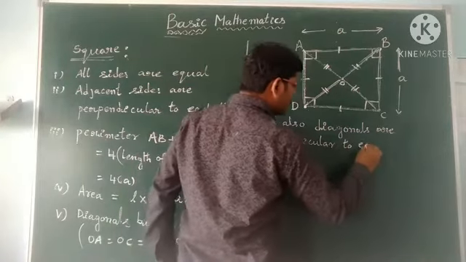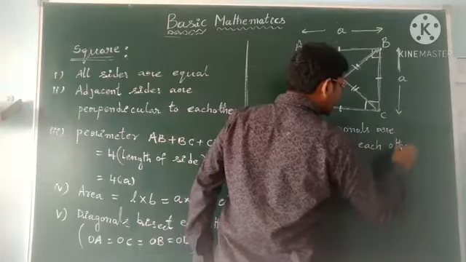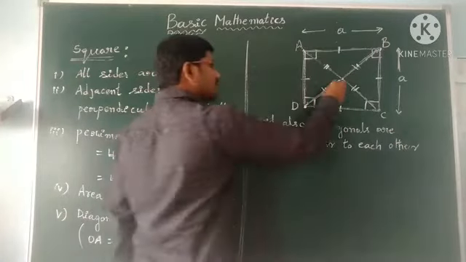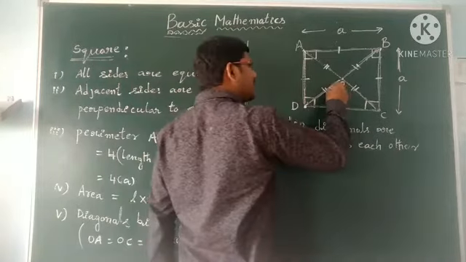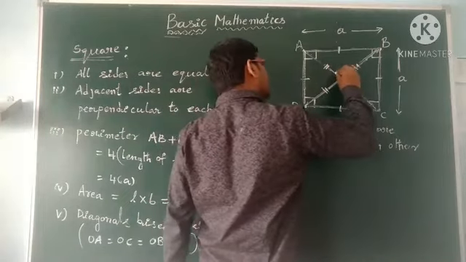The diagonals are perpendicular to each other. So the diagonals being perpendicular to each other means this diagonal is perpendicular to this diagonal.